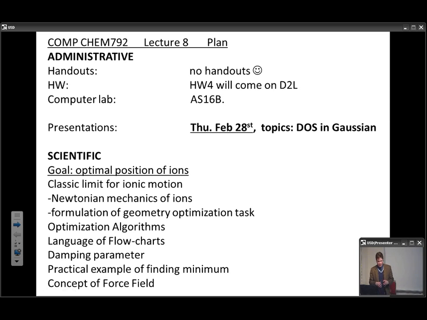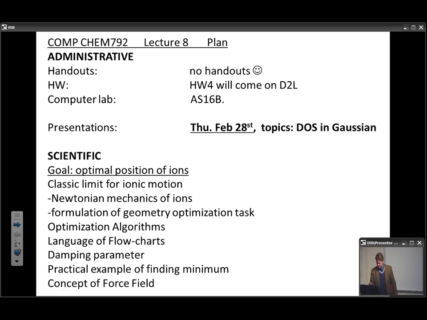So before we go forward to the precise treatment of electronic structure, we need to know where the ions are placed. So we are still at the introductory level. We need to get an idea how to get an ideal optimal position of ions. And we are going to review some algorithms, how to get those positions of ions.